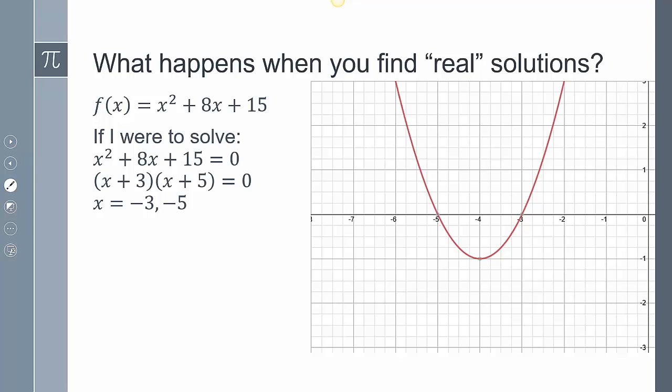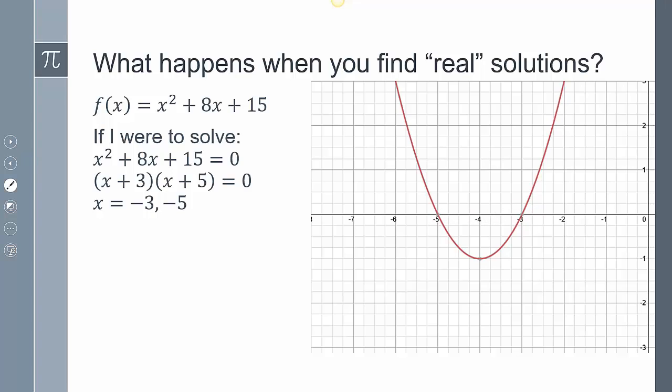Now I talked a lot about this idea of solutions and what it actually means when you find a real solution. So if I were to solve this equation, f of x equals x squared plus 8x plus 15, I did it by factoring. So x is negative 3, x is negative 5. Notice that's where it crosses the x-axis, at negative 5 and negative 3.